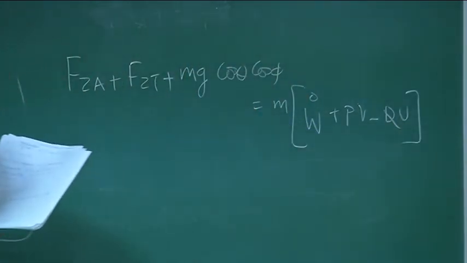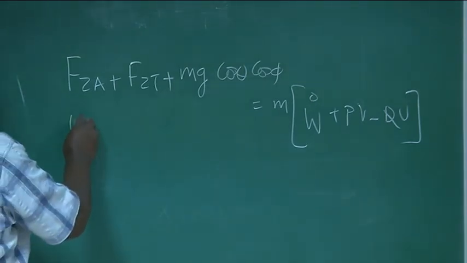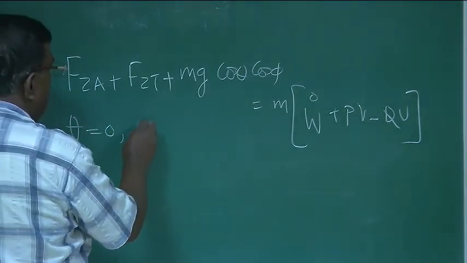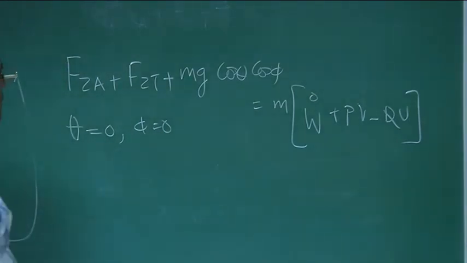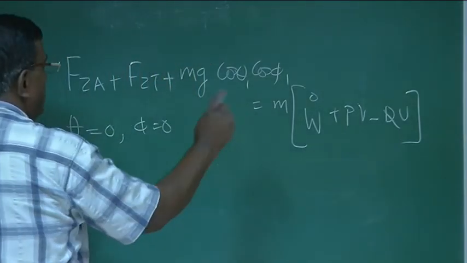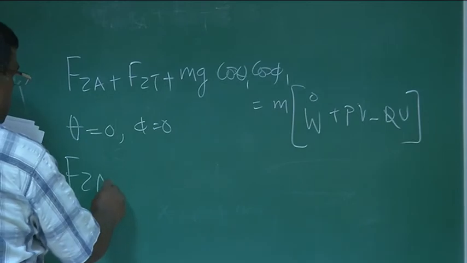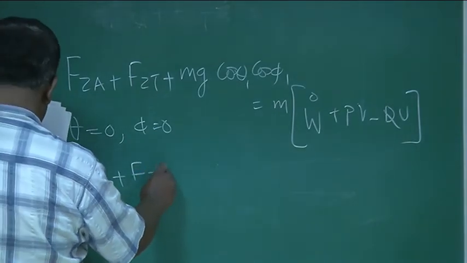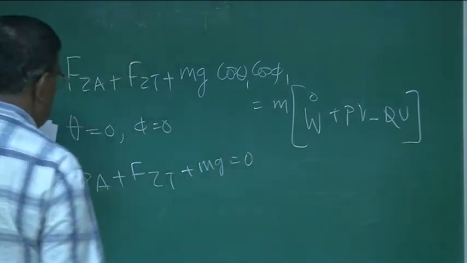Now see here, if I put theta equal to 0 and phi equal to 0 — to be more precise, I should use the notation 1, steady state, right? Okay, all should be 1. Then what will happen? We get FZA plus FZT plus mg equal to 0.